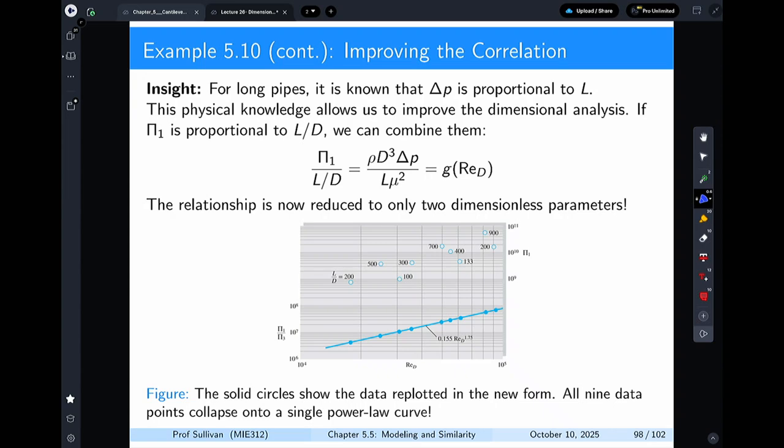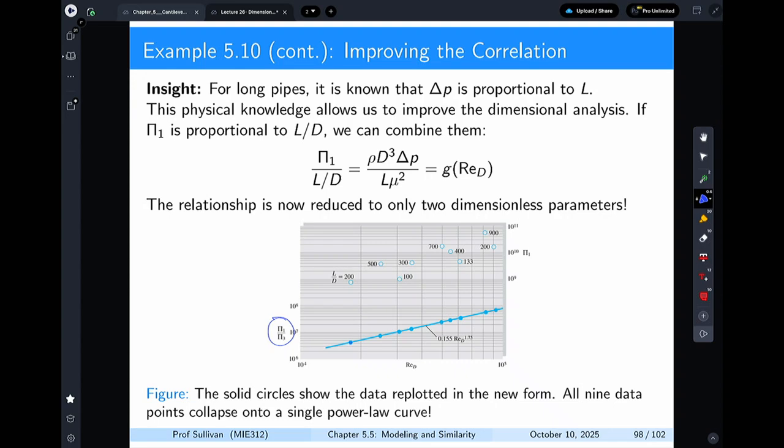However, for long pipes, it's known that delta P is proportional to L, and we can rewrite these and combine them. And so instead of having 3 pi groups, we combine them and make 2 pi groups, and we end up with pi 1 over L over D, and we end up with this relationship right here, which is a linear relationship that goes as Reynolds number and pi 1 over pi 3.